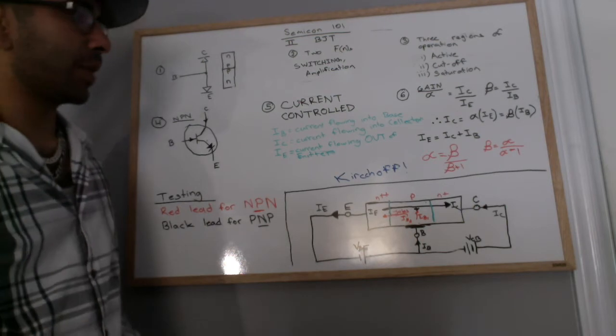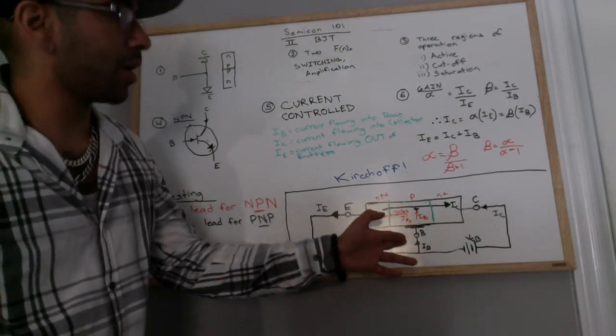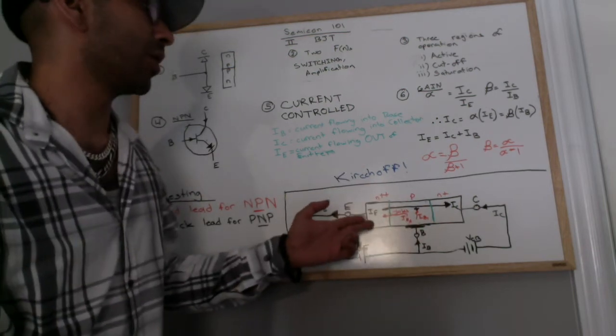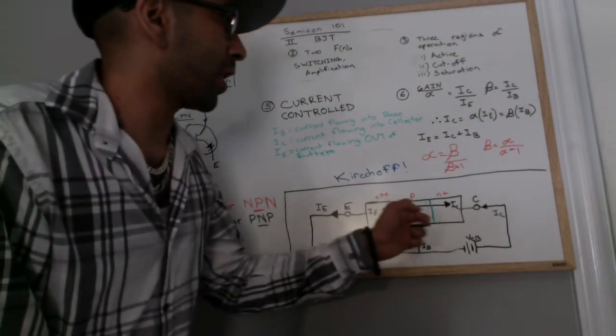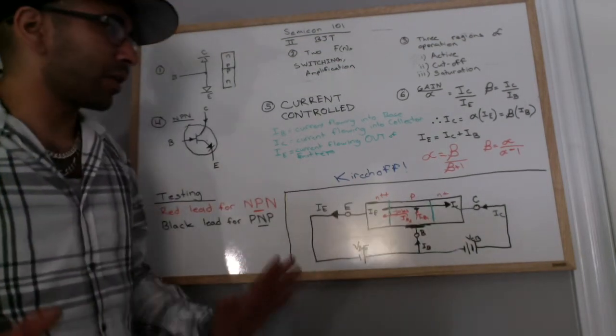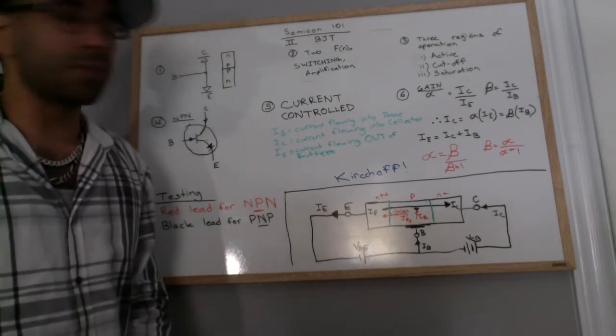Essentially, this is what happens. As we apply current to the base, holes flow towards the emitter as electrons flow to the collector. Alright, that sounds complicated, right? But here's the best part. You really don't need to be able to regurgitate that.